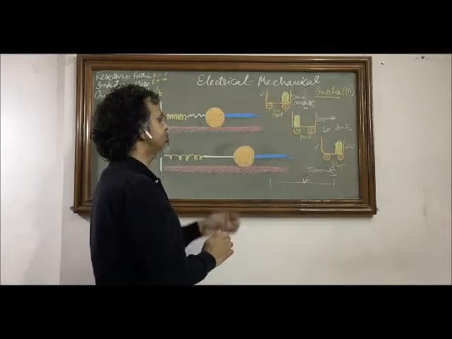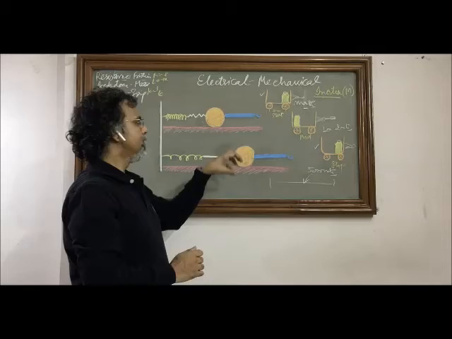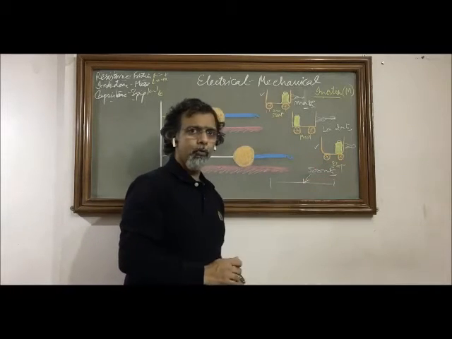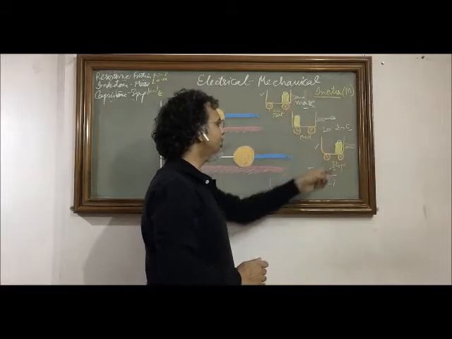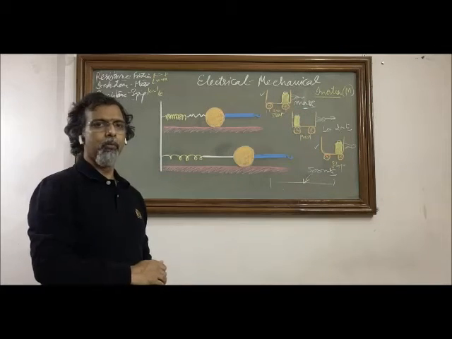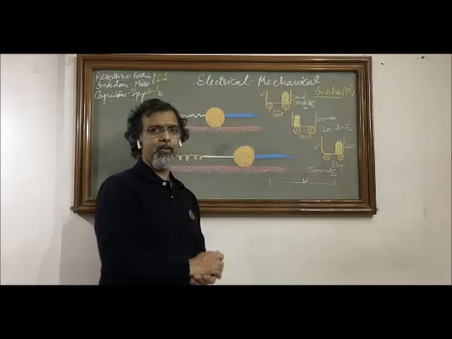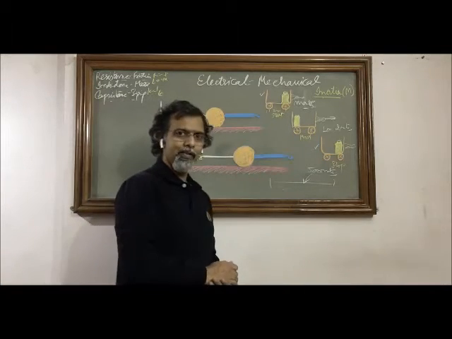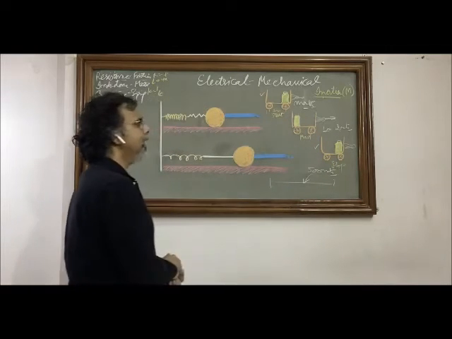If it is subjected to some movement, it will try to resist it. And if it is subjected to stopping from some movement, it will again try to resist it. The more the mass of that object, the more will be the inertia in that object to resist the change of mechanical state. So this is the inertia, or this is the mass.